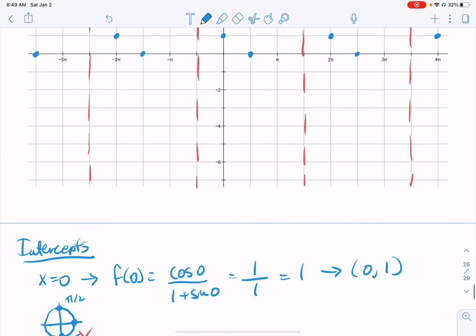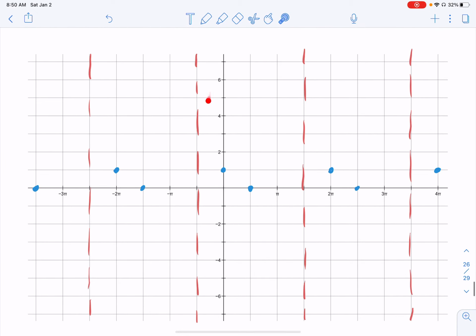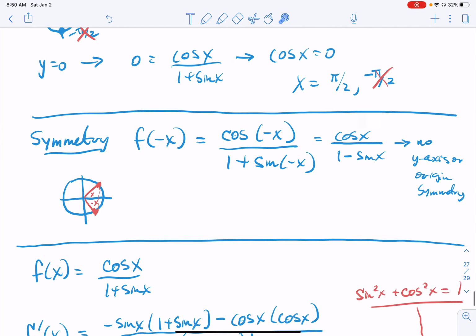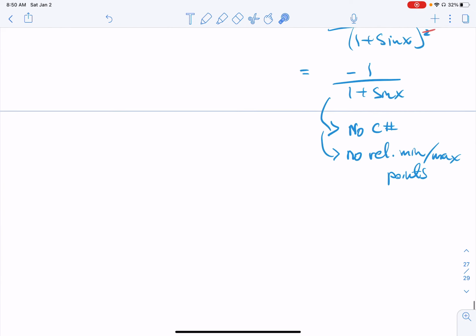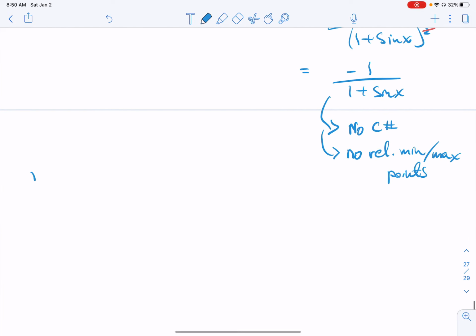And inside each one of these little intervals, that means that it's going to have one type of either increasing or decreasing. And we can see from these little points here that our y values are going down as x's increase. So we know that it should be decreasing, but we're going to go ahead and do the calculus for it. So if we take a look at our first derivative here, we have negative 1 over 1 plus sine x.